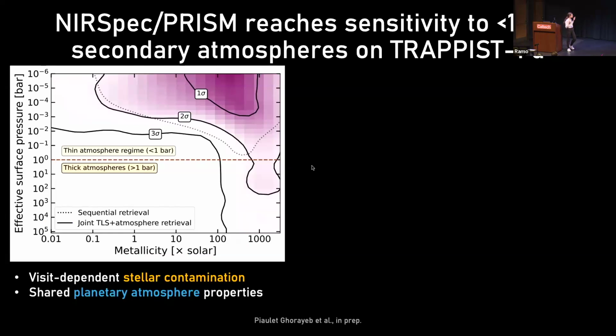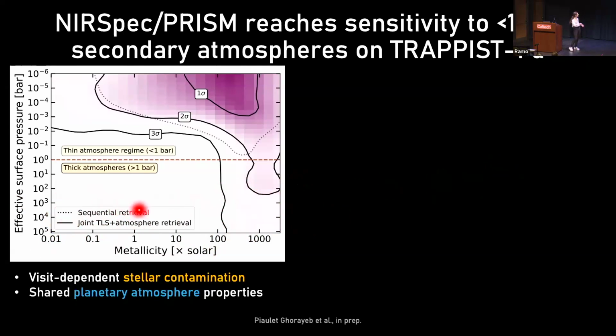So folding all of this together, if we try to get rid of stellar contamination as best we can, and it's not really getting rid of it, in our modeling we assume that each spectrum has the same planetary atmosphere component and different stellar heterogeneity components, and we marginalize over all the possibilities. We can get a constraint on how many high mean molecular weight volatiles could be in the atmosphere of the planet.